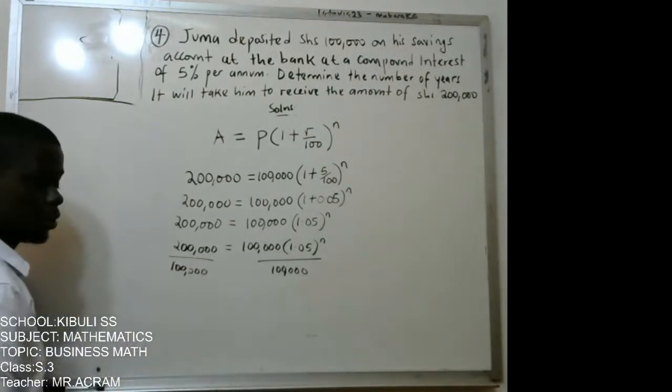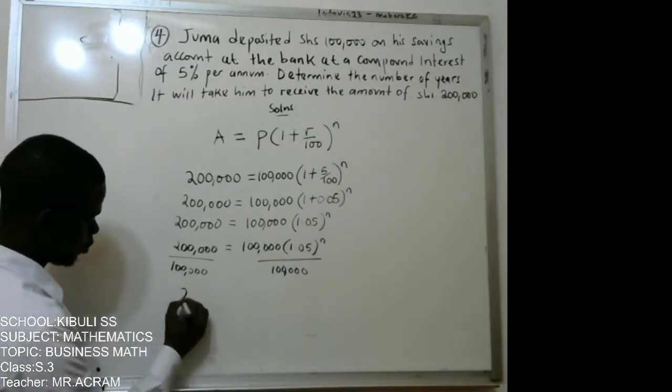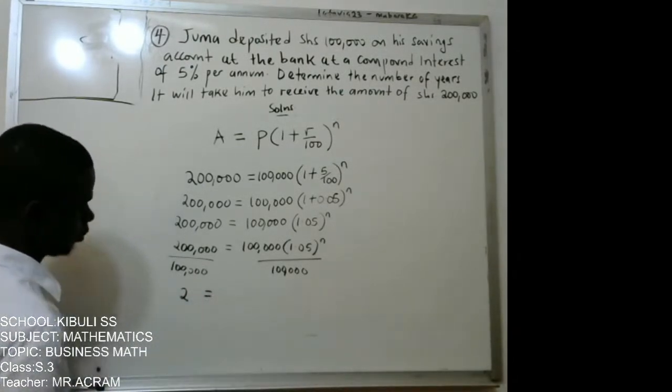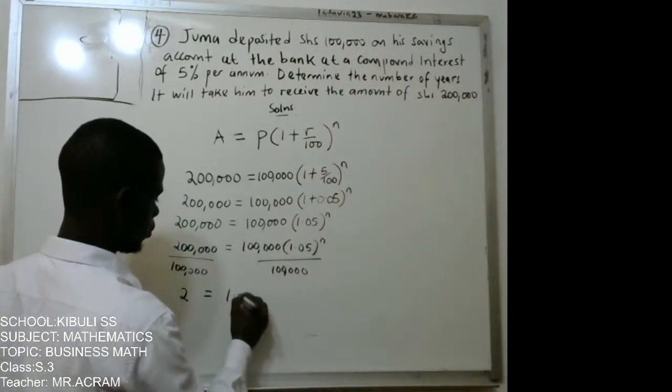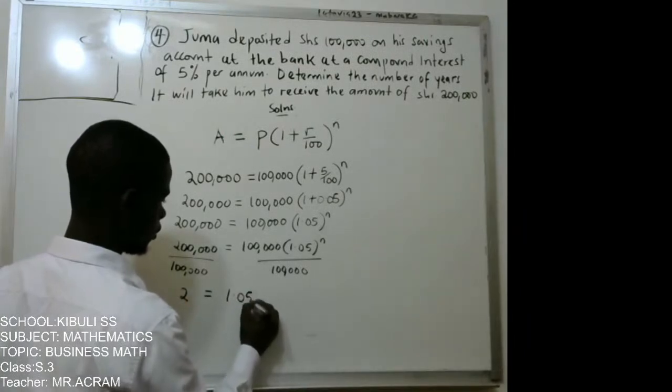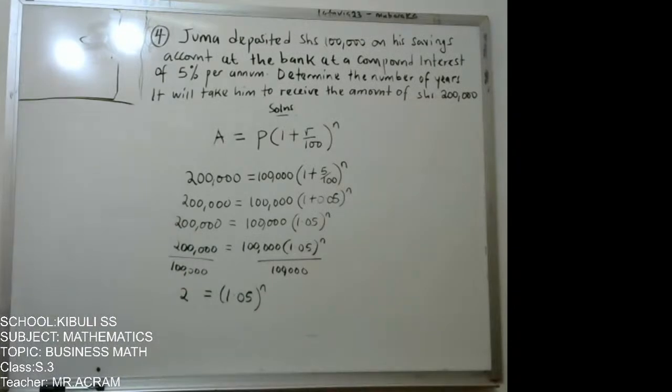So this is going to be 2 is equaling to, because these zeros will go, not so? Yes. 2 is equaling to 1.05 power n. Now here we are.